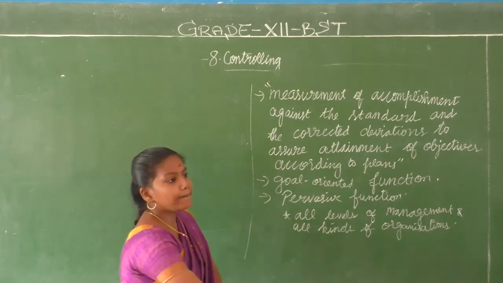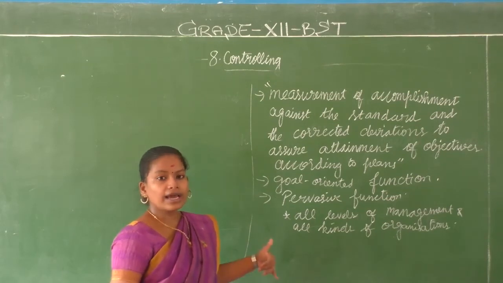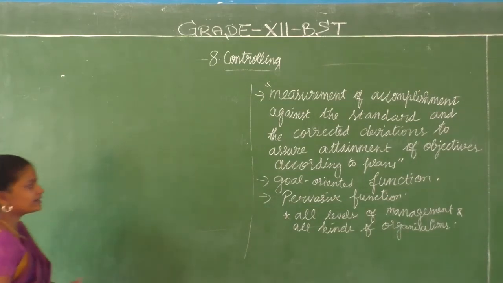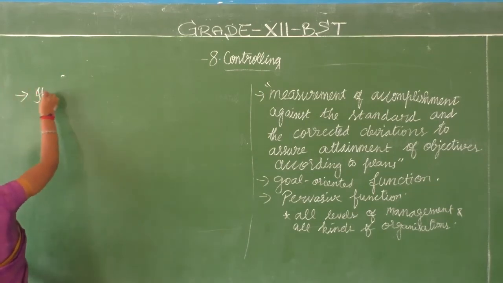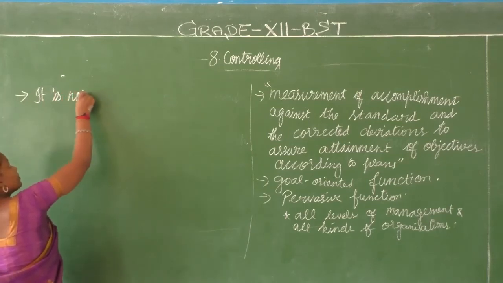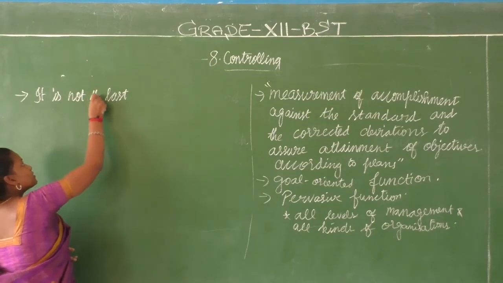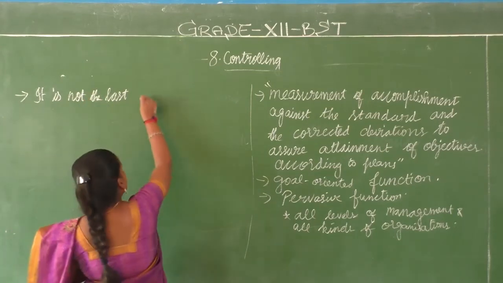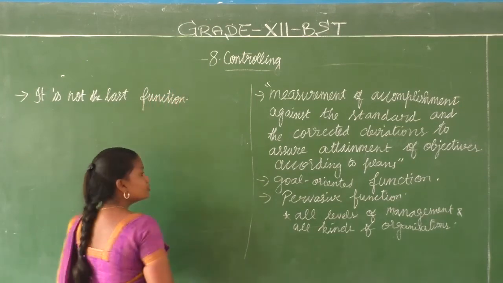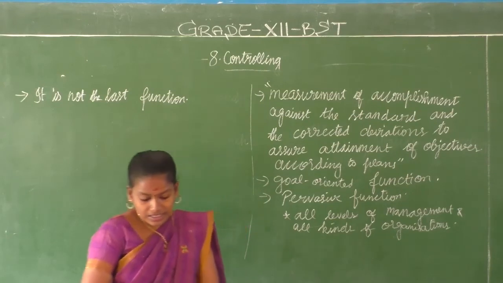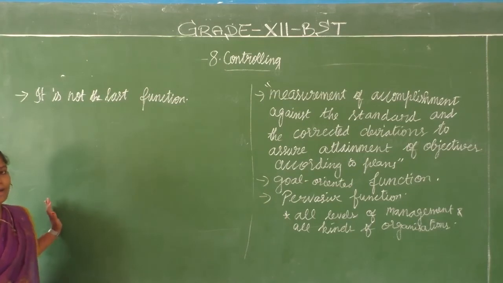That is, it applies to all the levels of management and all kinds of organization. What next? It is not the last function. We cannot say the management cycle, the management process, ends here. What is the truth? It starts again. It brings the management cycle back to planning.